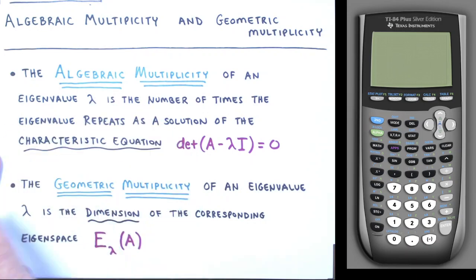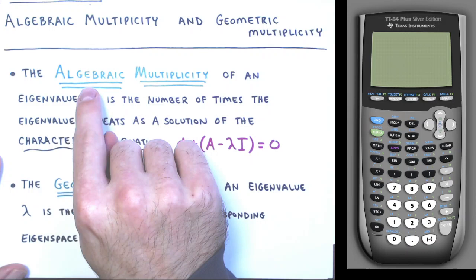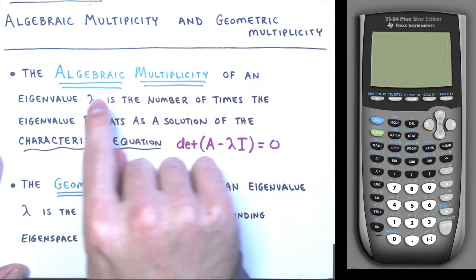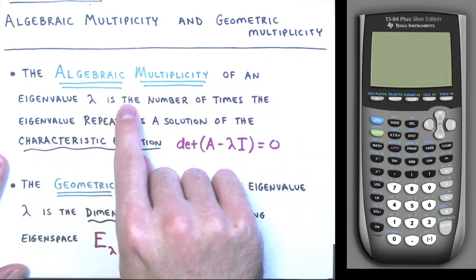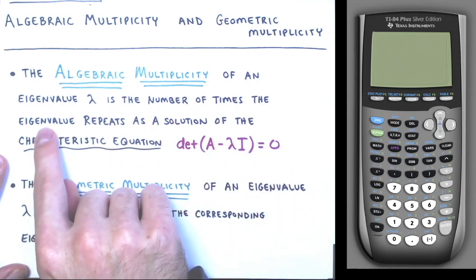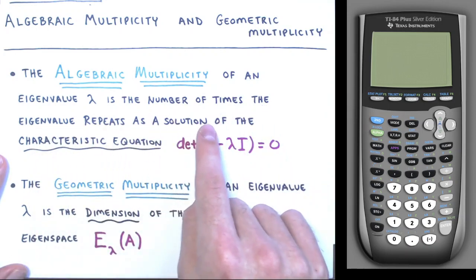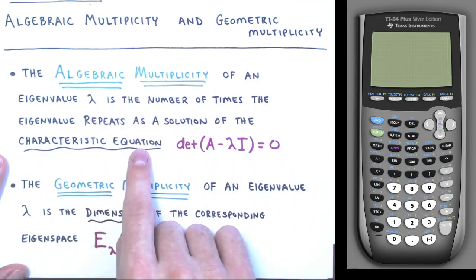So the same concept here for algebraic multiplicity. The algebraic multiplicity of an eigenvalue lambda is the number of times the eigenvalue repeats as a solution of the characteristic equation for that matrix.